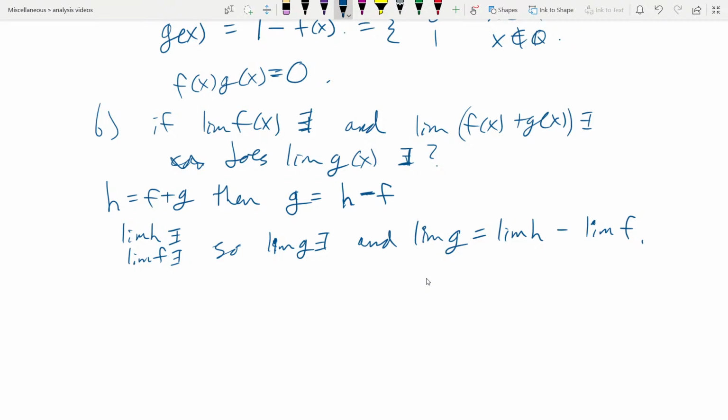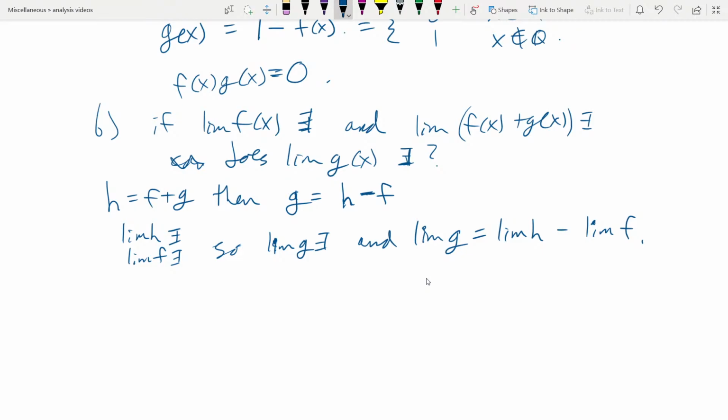If we again assume the limit of f exists, but that the limit of g does not exist, then the limit of f plus g must not exist. This is just by contrapositive. When the limit of f plus g did exist, we got the conclusion that the limit of g existed. So under the assumption the limit of f exists, which is common to both, if the limit of g were assumed not to exist, then the limit of f plus g would not exist.